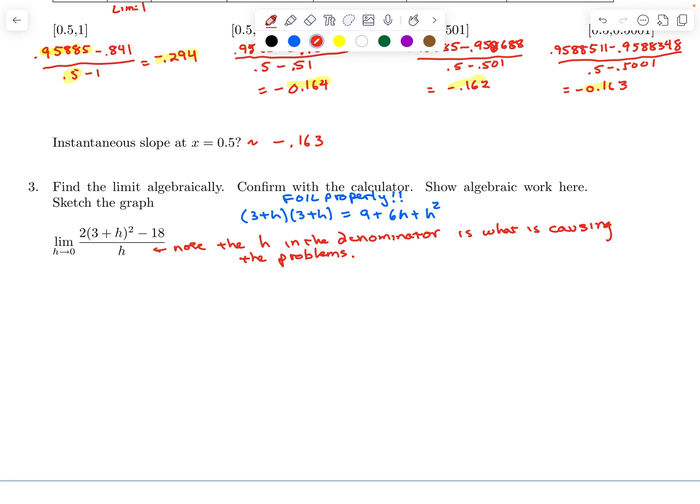Okay, so then what we have then is this. We'll be learning a variety of techniques, and the big thing is anything that doesn't have an h should end up canceling. Oh, look, the 18s are going to cancel.